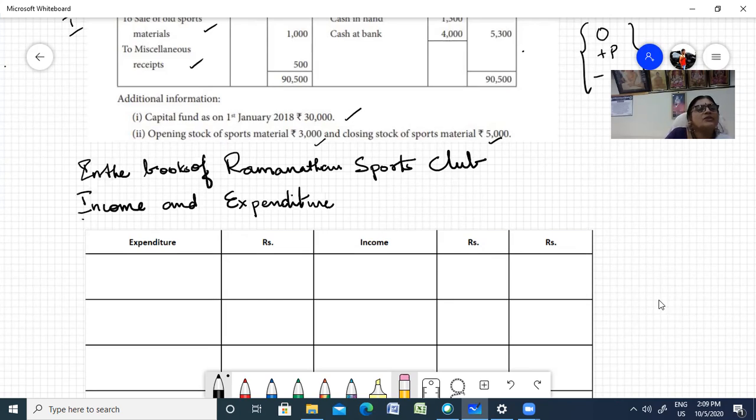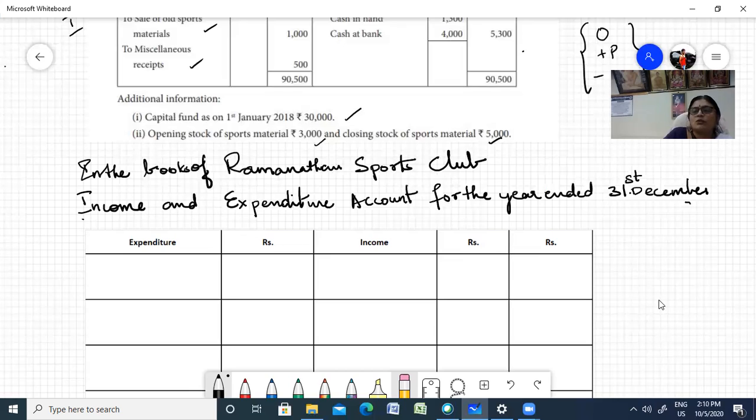Income and expenditure account for the year ended 31st December 2018. You have credit, debit.